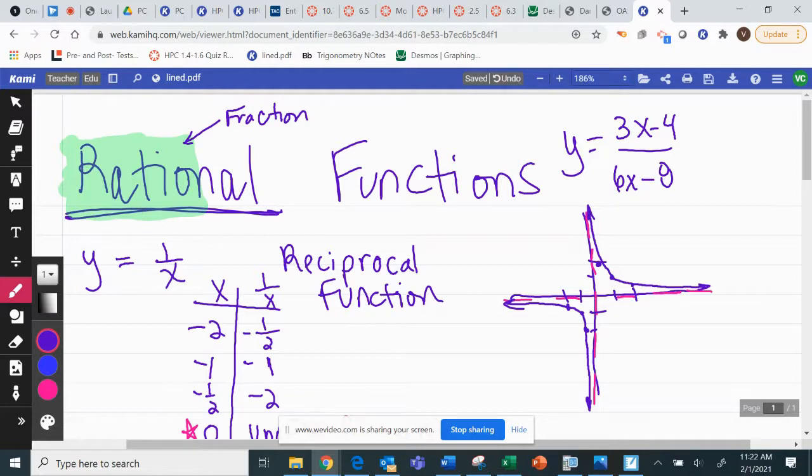I mean like an x is at the bottom. Not all of them are going to look like this one. That was one that we started out with in chapter 1 because we were looking at all different kinds of functions in general. So not all of them will look like that, but some will.